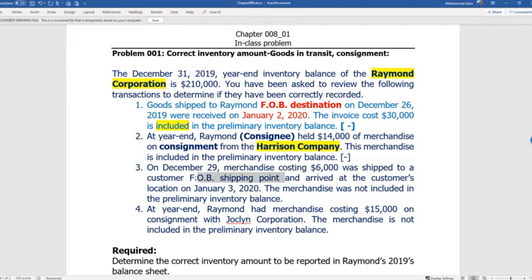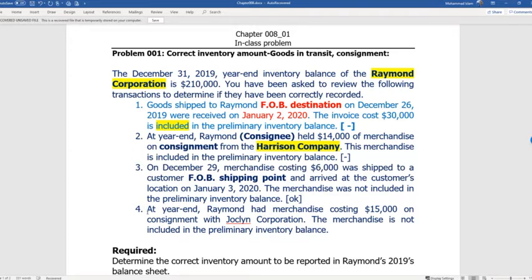Since the goods were shipped to a customer, Raymond Corporation is the seller. In case of shipping point, the goods in transit are owned by the buyer. So we don't need to do anything. Okay. So it is okay. We are writing okay, meaning we don't need to adjust this one.